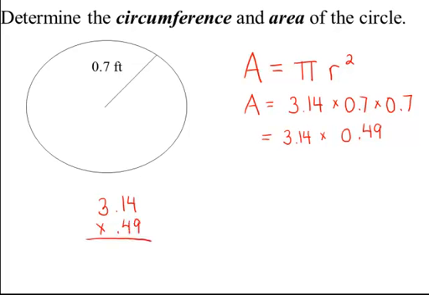Beginning with 9 times 4, which is 36. Write the 6, carry the 3. 9 times 1 is 9, plus 3 is 12. 9 times 3 is 27, plus 1 is 28.